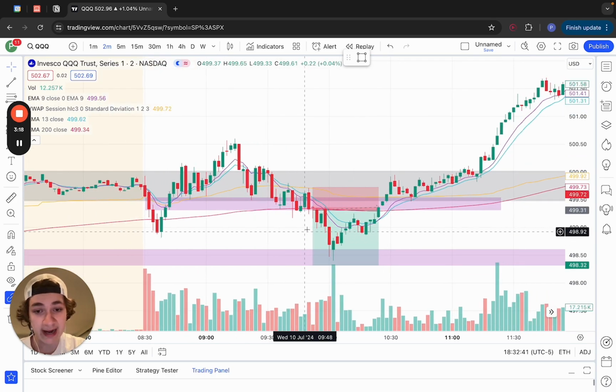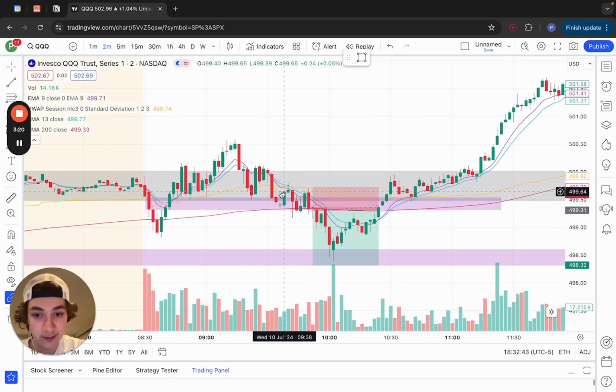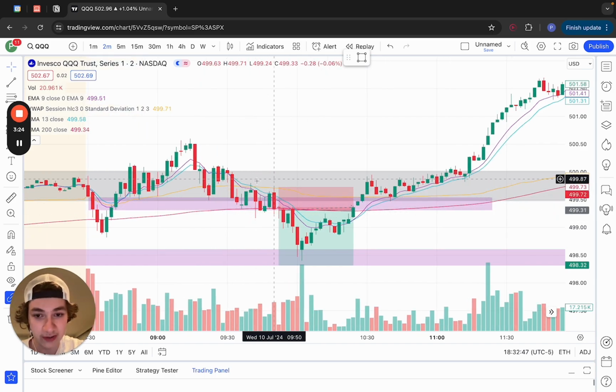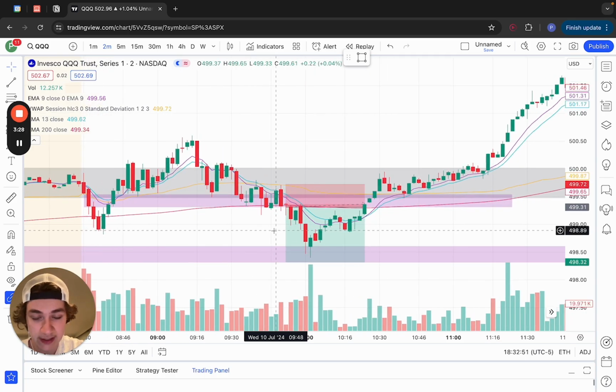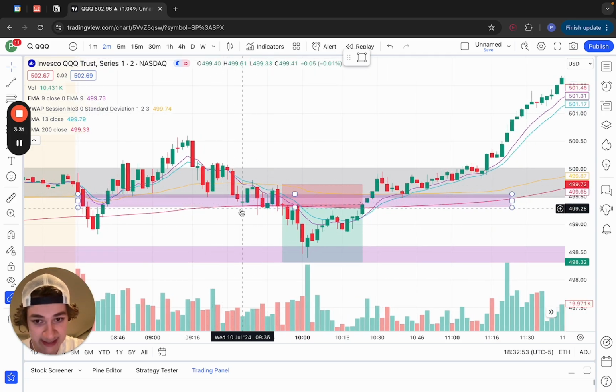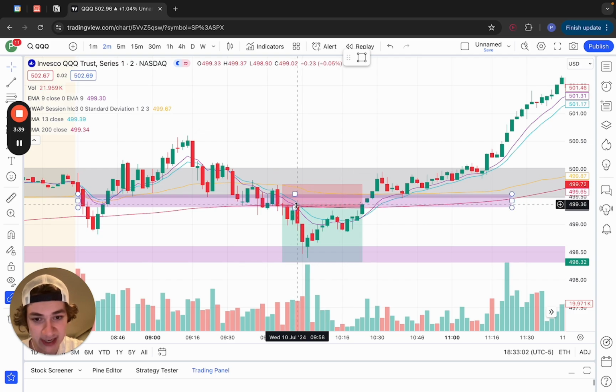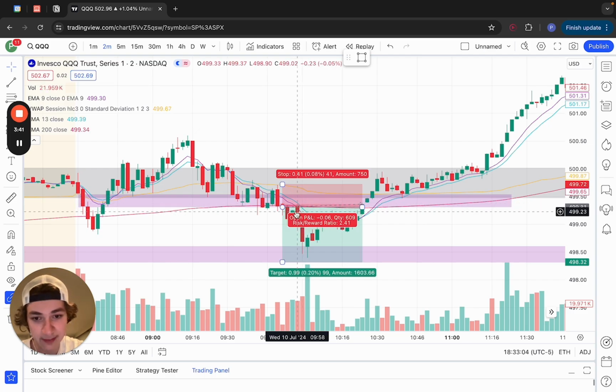But the reason why I decided to go short right here once we broke through this fair value gap and broke and rejected this level twice is I see us break the level and then, right around here, we come up and touch the EMAs right as we get below that level.